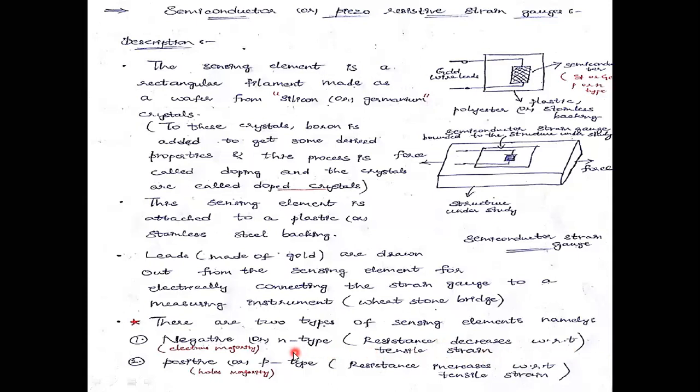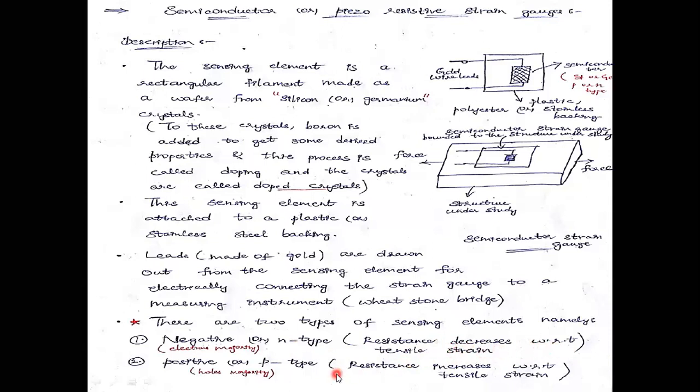In N type semiconductor material, the flow of electrons is high, and therefore the flow of current is high. Therefore, the resistance decreases with respect to tensile strain.